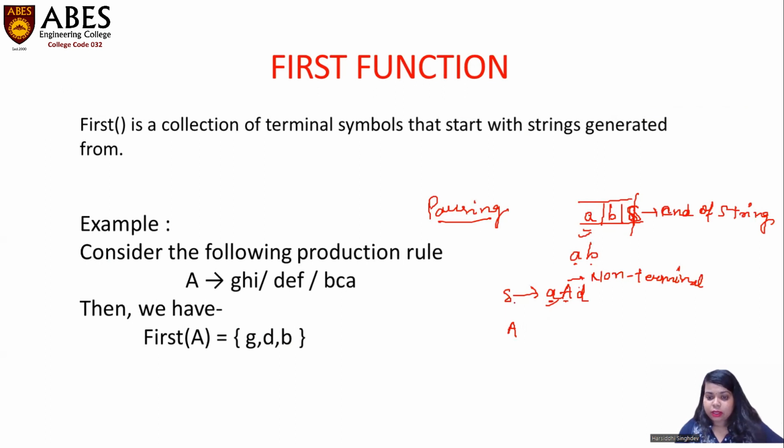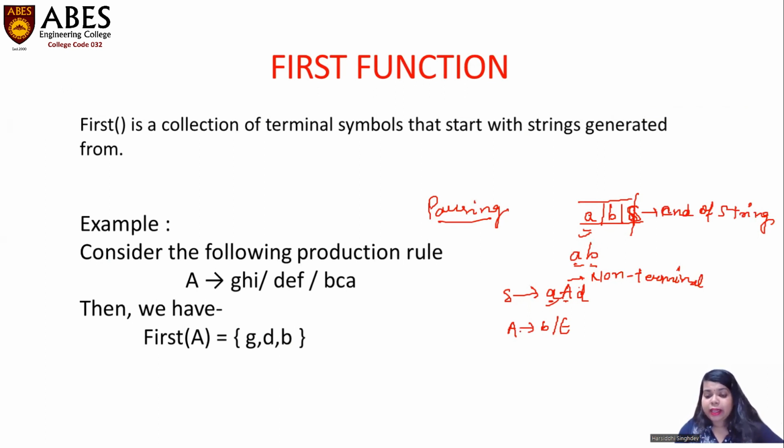Now, S produced a, and we also need b, but what we have is capital A. Now, we have to check whether this capital A has the capability to derive small b or not.